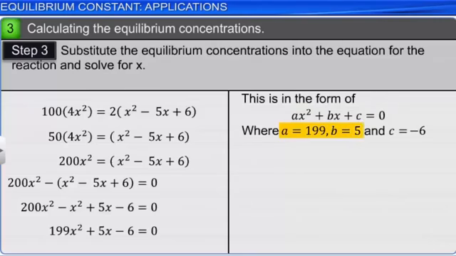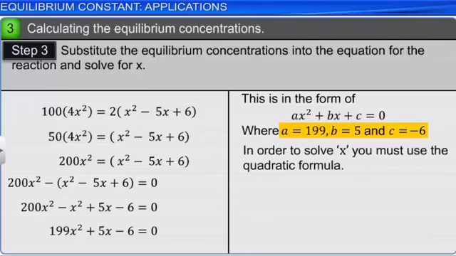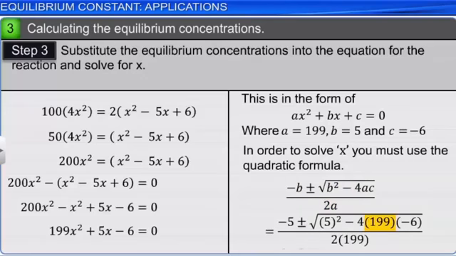In order to solve for x, you must use the formula x is equal to minus b plus or minus square root of b² minus 4ac, divided by 2a. On substituting the values of a, b and c, we get minus 5 plus or minus square root of 5² minus 4 multiplied by 199 multiplied by minus 6, divided by 2 multiplied by 199.